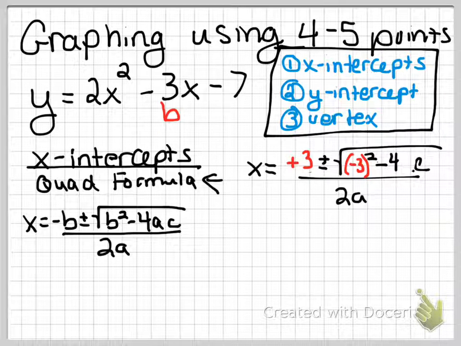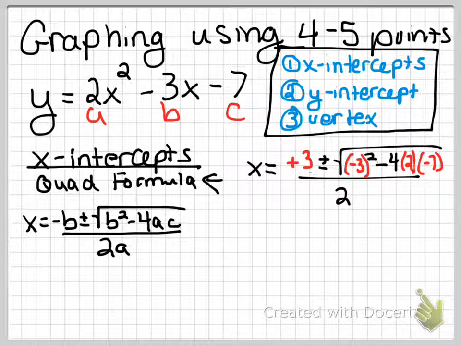For a, I'm going to put in 2. And then c is negative 7. So there's my a's, b's, and c's on top. And then finally, I'm going to put 2 in for a.